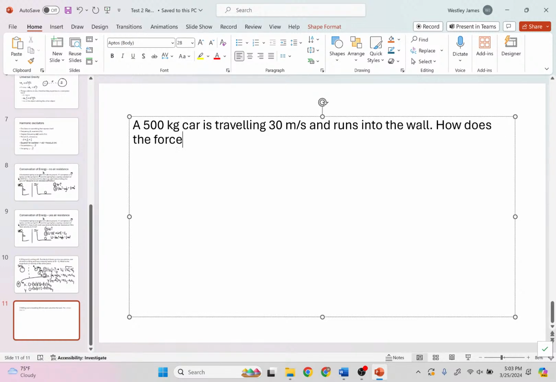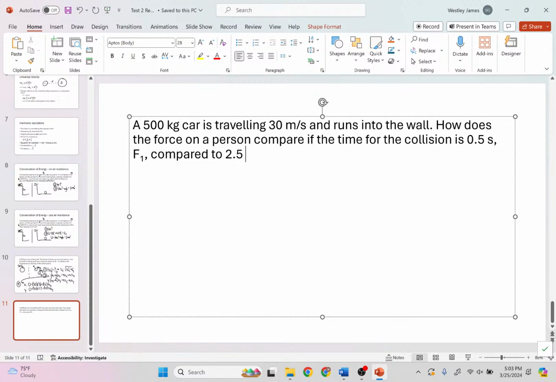How does the force on a person compare if the time for the collision is 0.5 seconds, so we'll call that F1, compared to 2.5 seconds, F2?